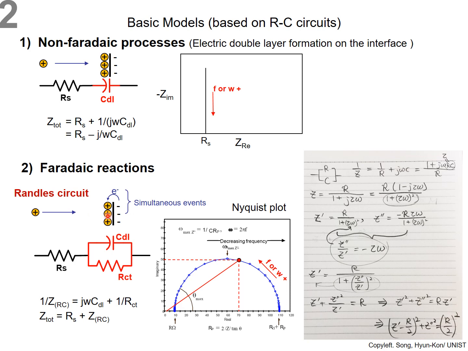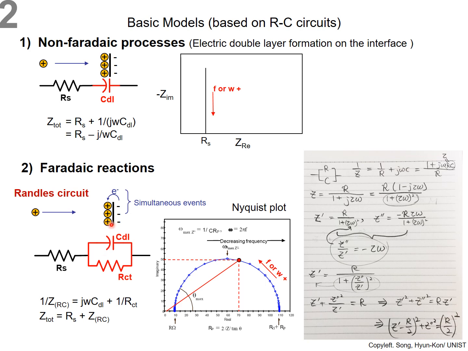And then finally, the positive ions are on the surface of the electrode, and at this time we have two simultaneous events there. The first one is electric double layer formation, like in non-Faradaic processes. So here is the capacitance of the double layer.